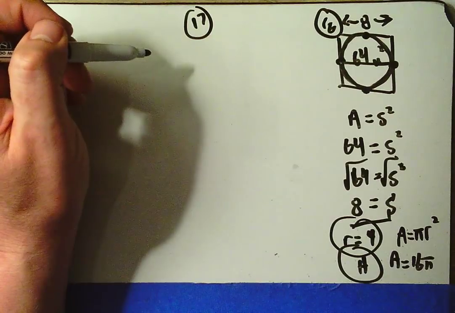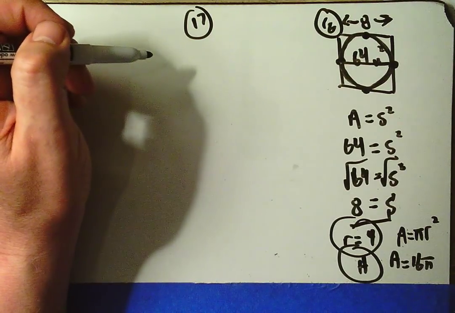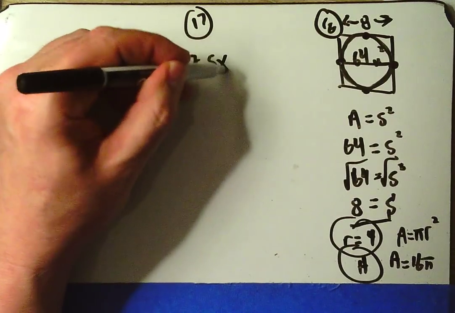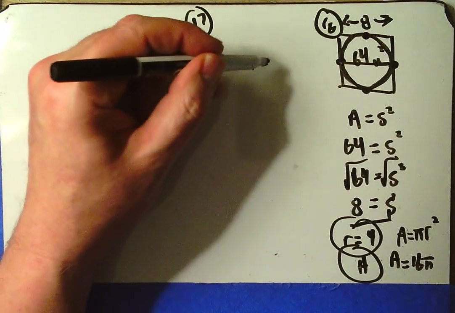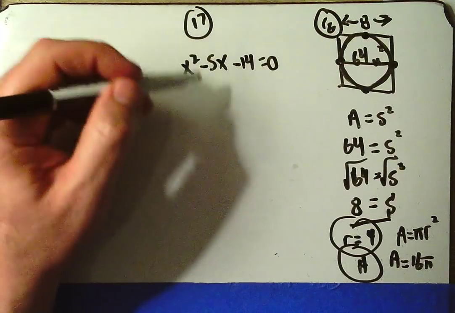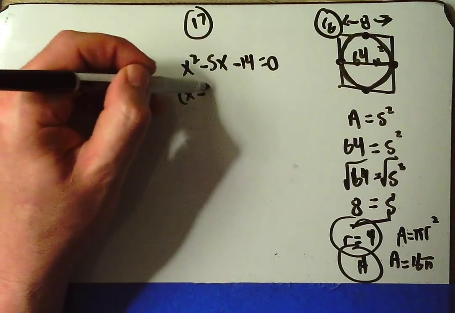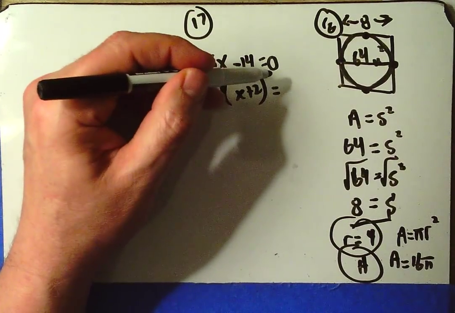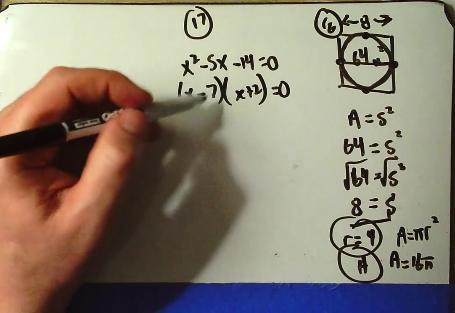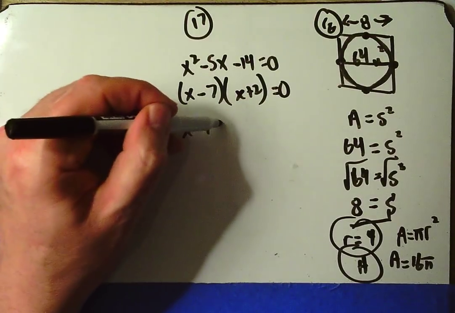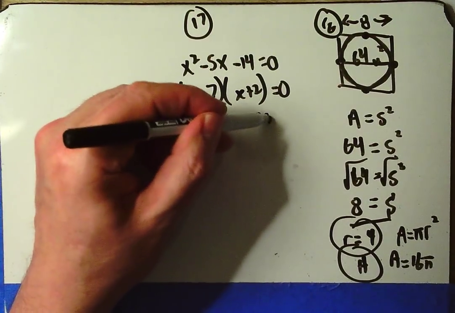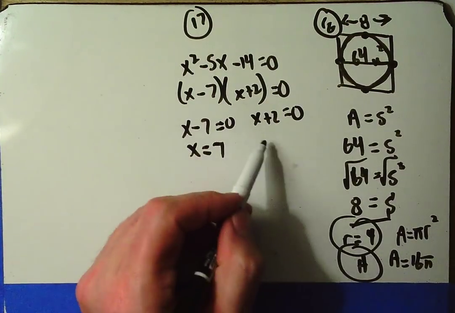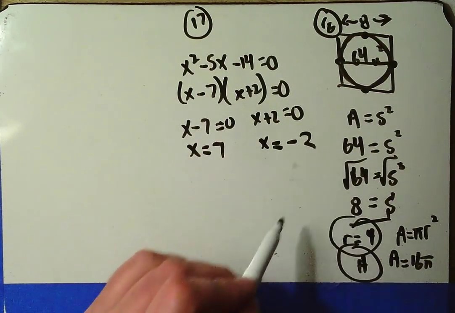17 says, what is the product of the solutions of the equation x squared minus 5x minus 14 equals 0? Well, if I factor this as (x minus 7)(x plus 2), I know that the solutions occur at x equals 7 and x equals negative 2.